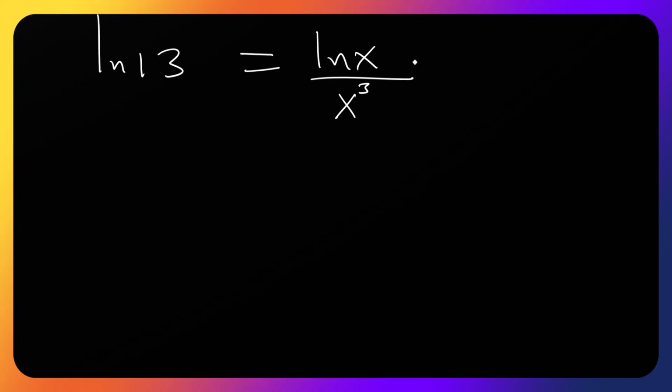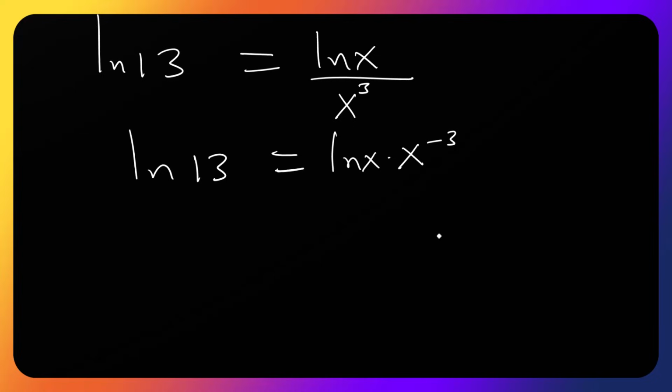All right, now let's write the right hand side in linear form. So we have ln of x times x to the power minus 3 equals ln of 13.